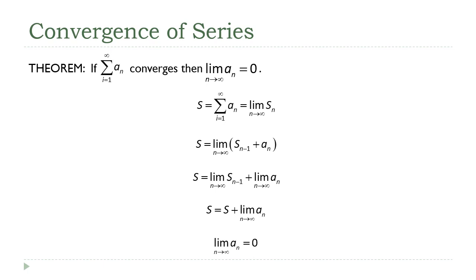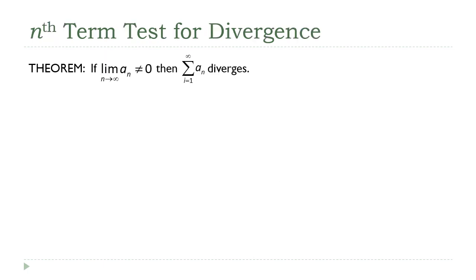Well, if we take this conditional statement and look at what's called its contrapositive: if an if-then statement is true, then its contrapositive is also true. The contrapositive would be: if the limit of the individual terms is not equal to 0, then the series does not converge. In other words, it diverges. So rather than being a test for convergence, this actually gives us a test for divergence.